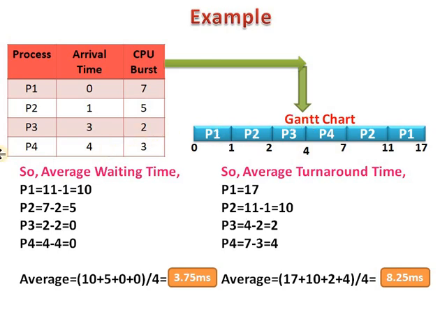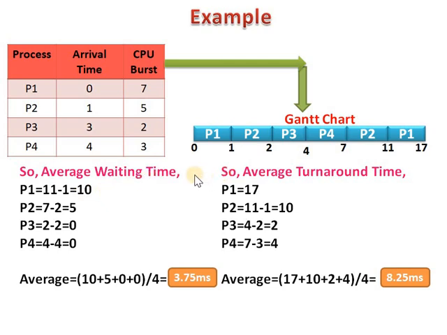Now we are calculating the average waiting time and average turnaround time for the processes. First we are finding the average waiting time. For calculating the average, we want to calculate the waiting time for each process. First we are calculating the waiting time for P1 process. P1 is equal to 11 minus 1. Why 11?